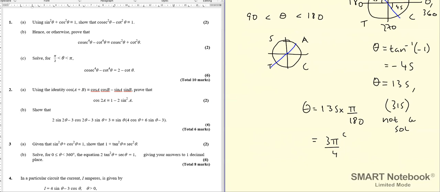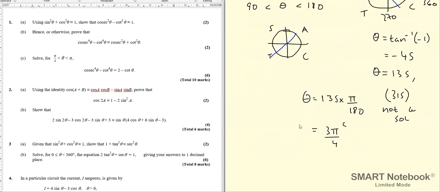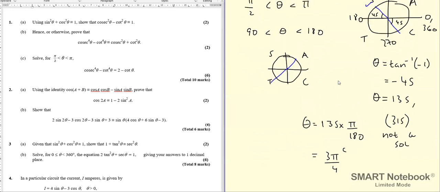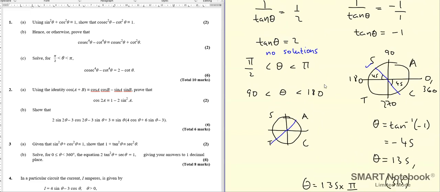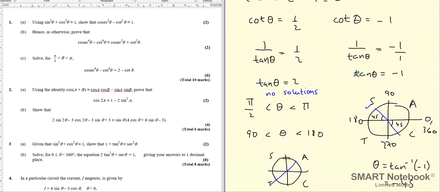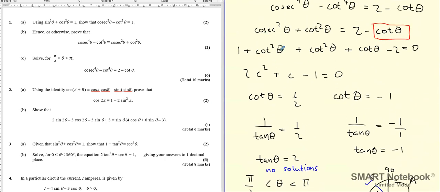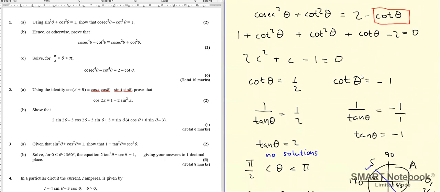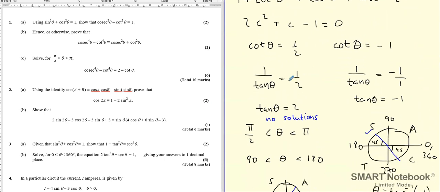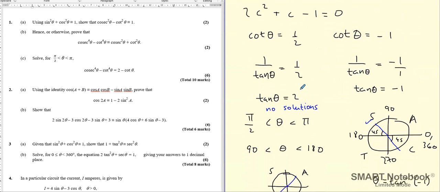Now, at this point, maybe you did it using a graphical method. Maybe you're not used to using a CAST diagram. That's entirely up to you. There are different ways of getting the final step. The key bit of understanding here was to get a quadratic in terms of one of the trig ratios, and then get your solutions, and then basically solve trig equations.